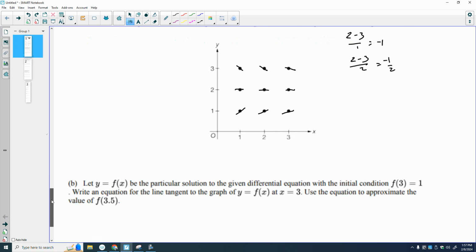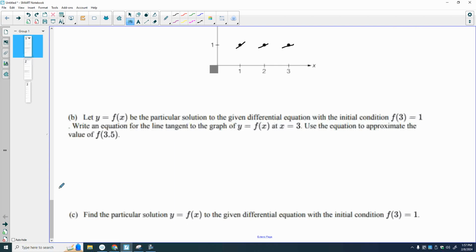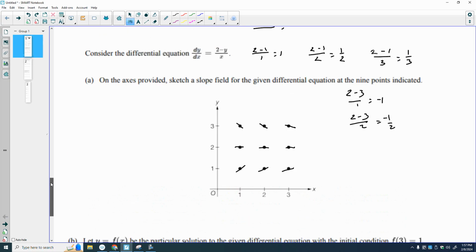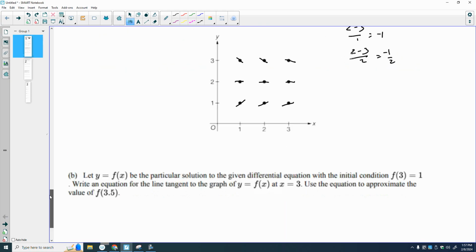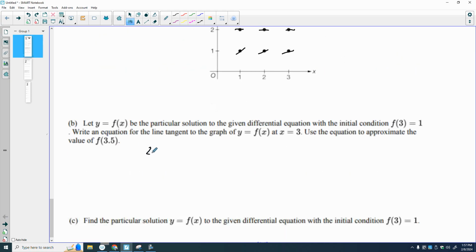Okay, letter B. Let y be the particular solution for the differential equation, doing the exact same thing we just did. Write the equation of a line tangent to the graph. I'm looking for the slope, so go back to my definition of slope: 2 minus y over x.